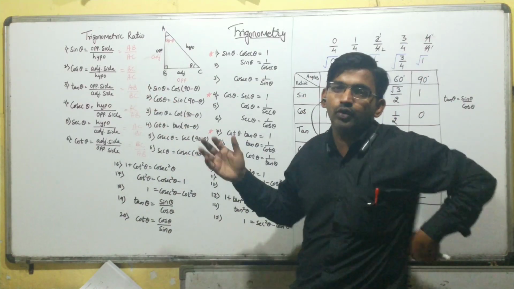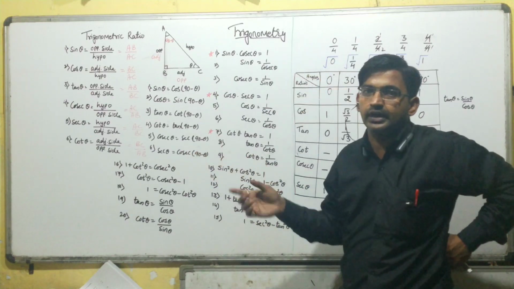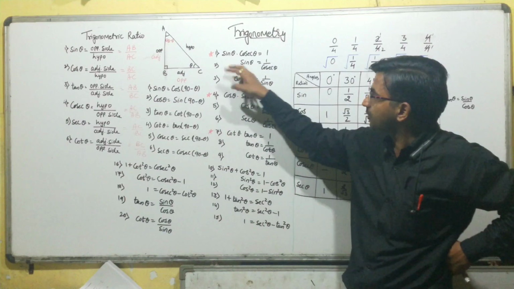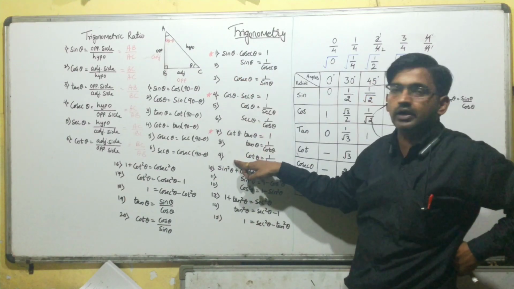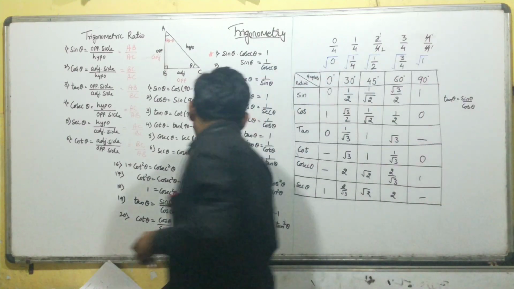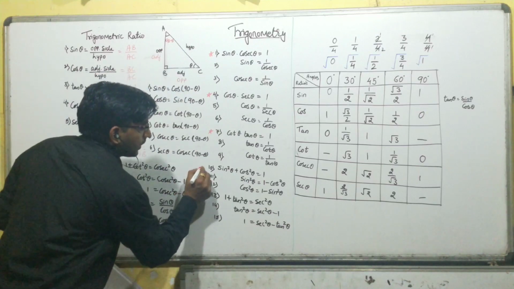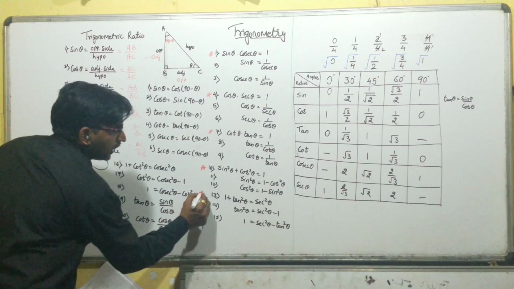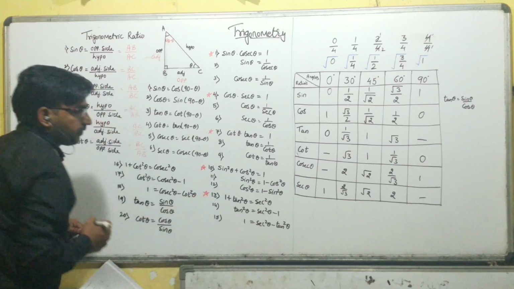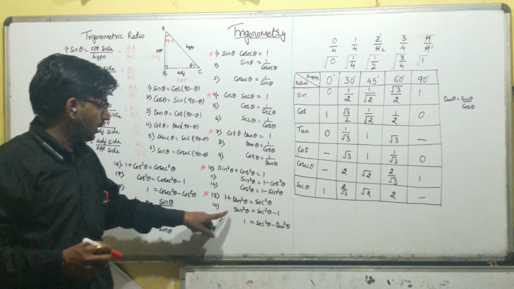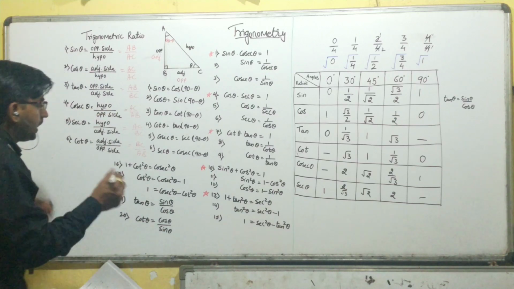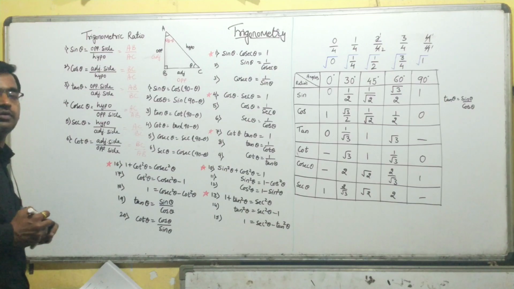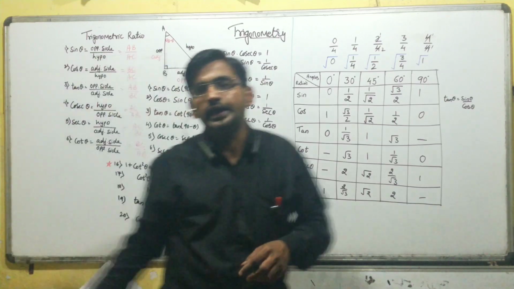Out of that, I think you will feel difficulty as I mark. If you study these 3 formulas, automatically 9 formulas will be done. Similarly, if you remember the 10th formula, automatically the 11th and 12th you come to know. If you remember the 13th one, automatically the 14th and 15th come to know. If you do the 16th one, 17 and 18 will be known, and just do the 19 and 20.